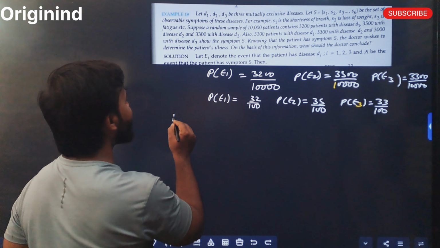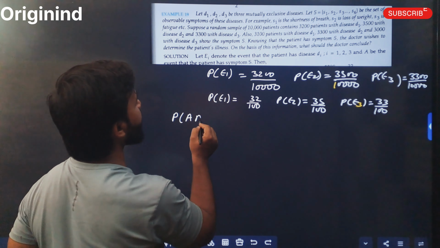It means P of A intersection E1 is equal to 3,100 divided by 10,000. Same, P of A intersection E2 is equal to 3,300 divided by 10,000. Same, P of A intersection E3 is equal to 3,000 divided by 10,000.